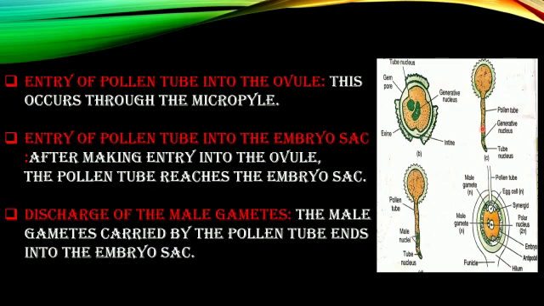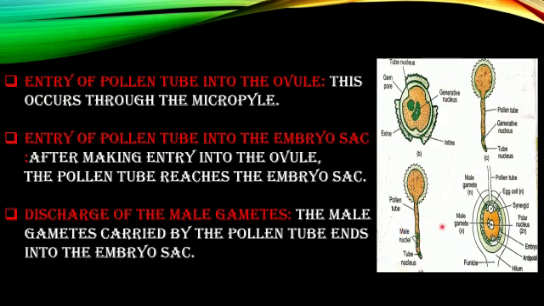Now, the exine splits and the intine protrudes out. This intine carries two nuclei. One is the tube nucleus, the other is the generative nucleus, and as it protrudes out, it carries these male gametes along with it.